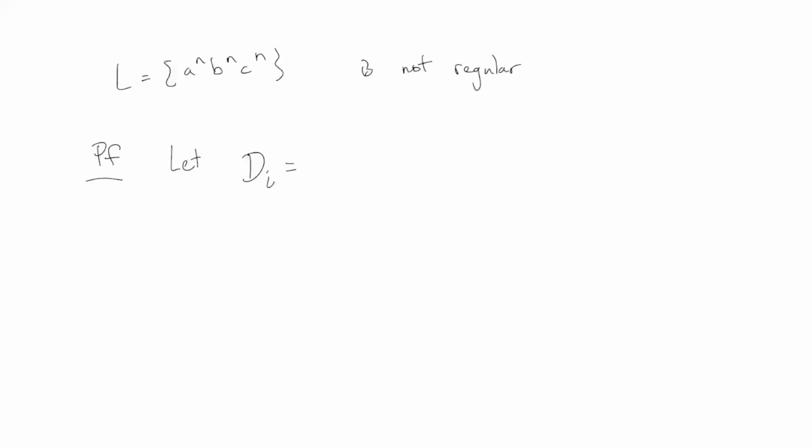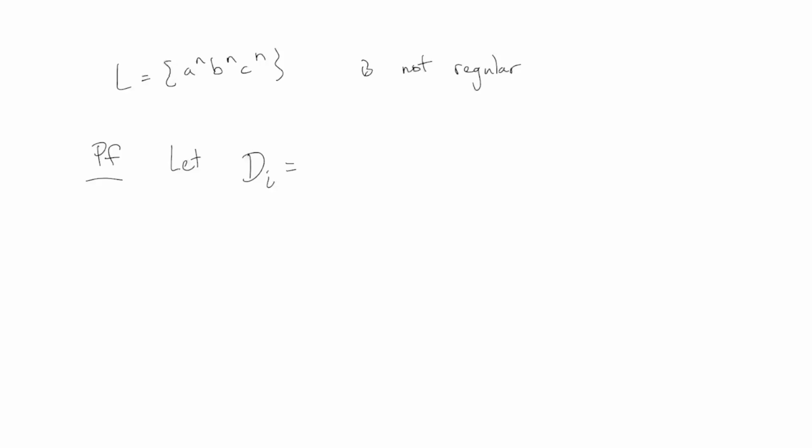So there are only finitely many different derivatives. So your goal to show something is not regular is to somehow determine a way to take infinitely many different derivatives. And this is just something that you will learn to get a feel for: you look at the beginning and you take derivatives which will cancel off various pieces of the beginning of these strings.